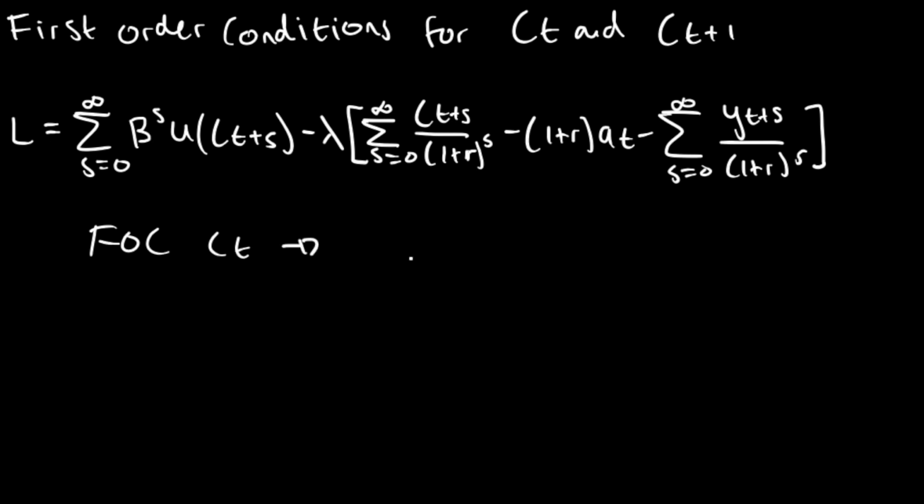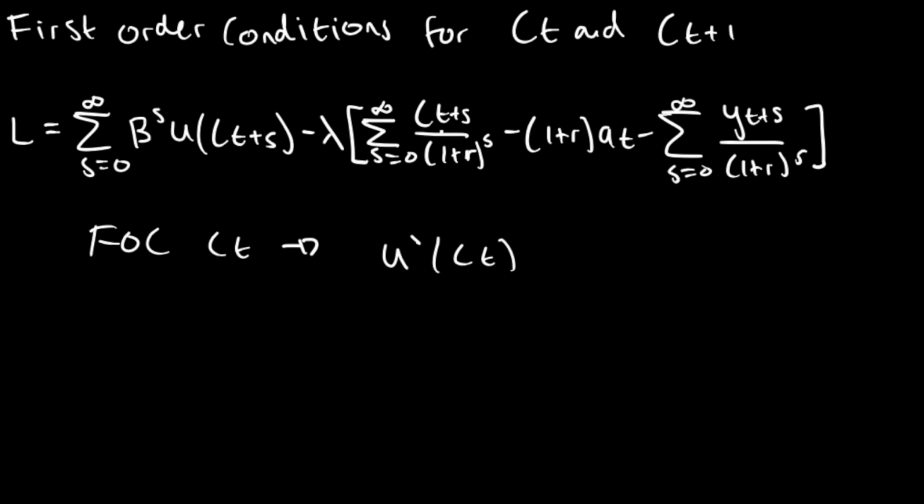That's going to equal, remember Ct enters this function, so the first order condition of that function is just going to be this. When we're looking at Ct, there'll be no S, there'll be no discount factor, because remember S is going to be equal to 0 in the current period case. And for our constraint, Ct enters the constraint here.